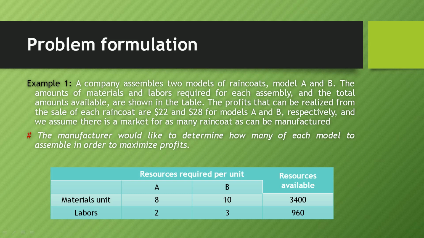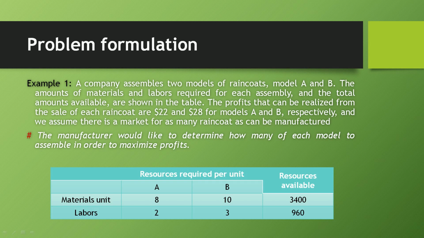The profits that can be realized from the sale of each raincoat are $22 and $28 for model A and B respectively, and we assume there is a market for as many raincoats as can be manufactured. The manufacturer would like to determine how many of each model to assemble in order to maximize the profit.